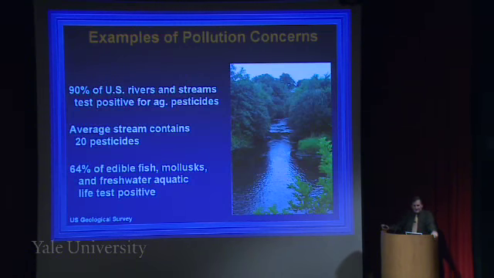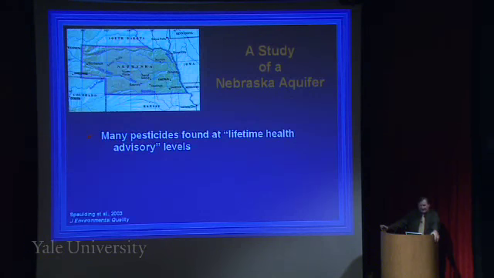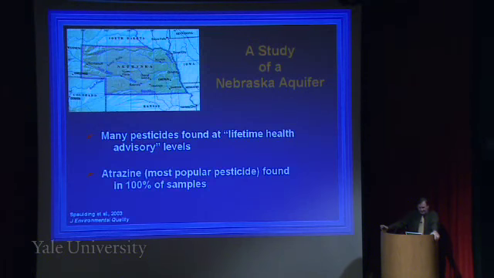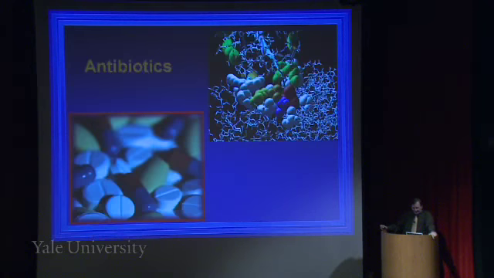The average stream tests positive for more than 20 pesticides, and a lot of the animals are affected as well. One study came out about a particular aquifer in Nebraska, and they found that there were many pesticides at lifetime health advisory levels, and that atrazine, which is the most popular pesticide used, was found in 100% of the samples from this particular aquifer.